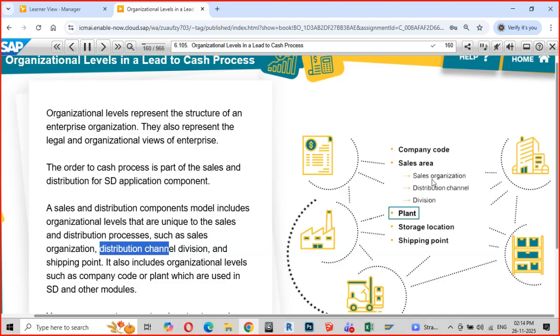This actually starts the sales and distribution model. You should also observe that it is always under the company code. That's exactly why I was always stressing that company code is one of the primary and very basic creations. Now do you see how much responsibility the finance consultant has?